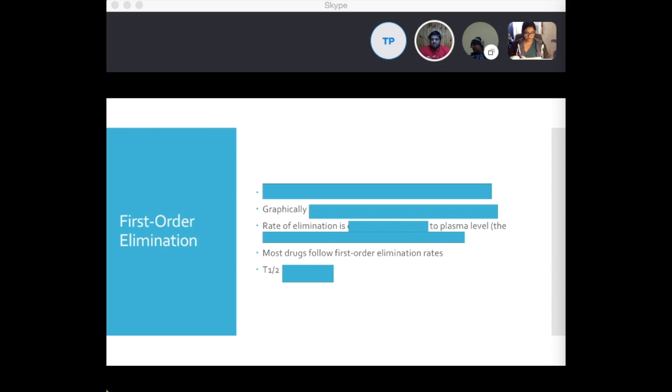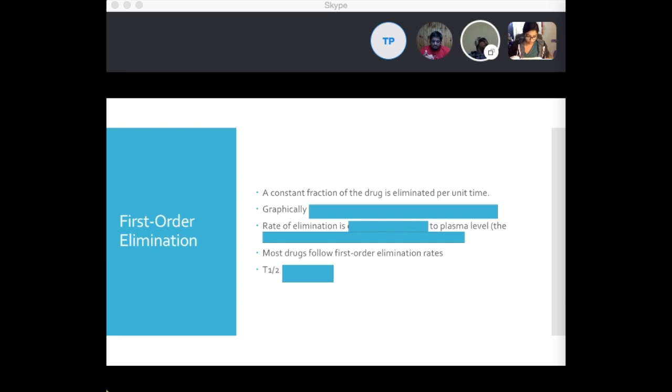So not necessarily half of the drug, but you're losing a constant fraction per unit time. And graphically, what will this look like? An exponential curve. Yes. So it'll look like exponential decay, and in zero order, it'll just look like linear decay.